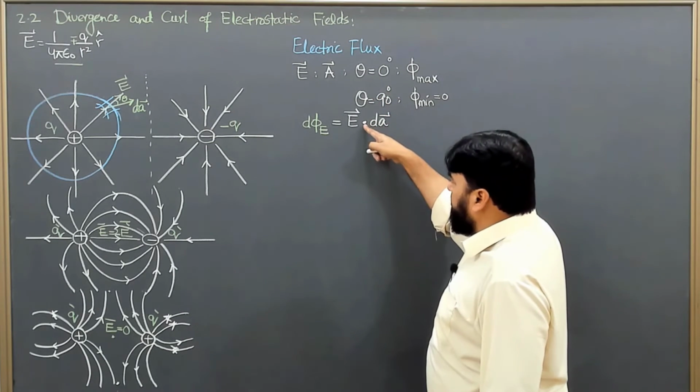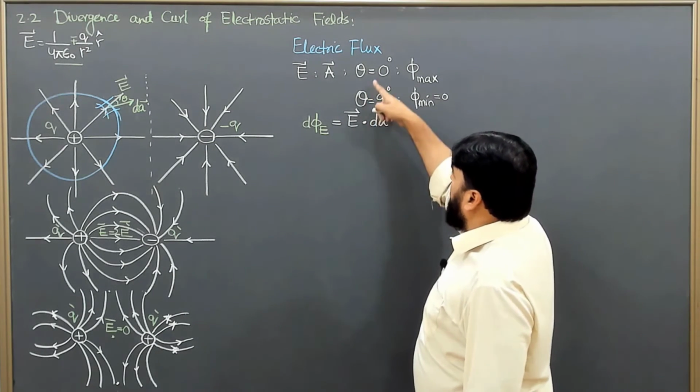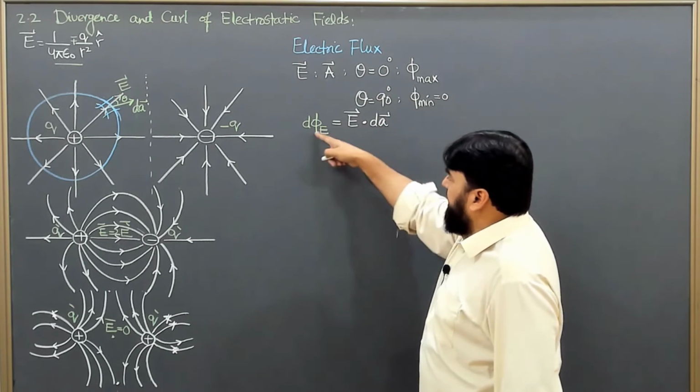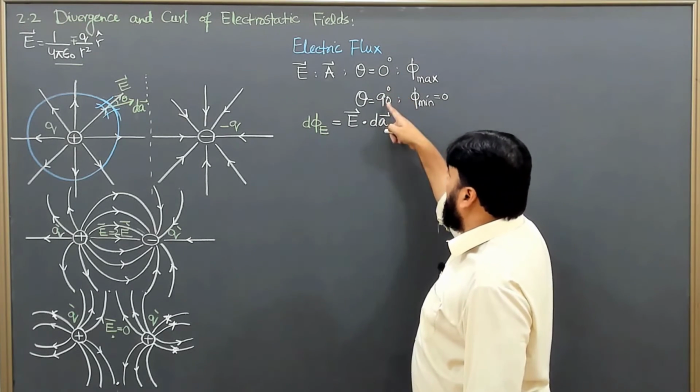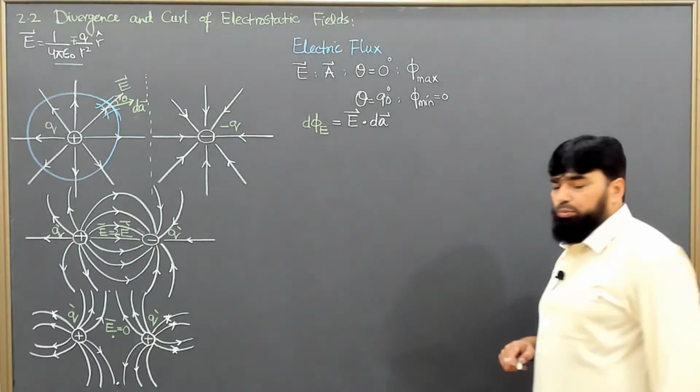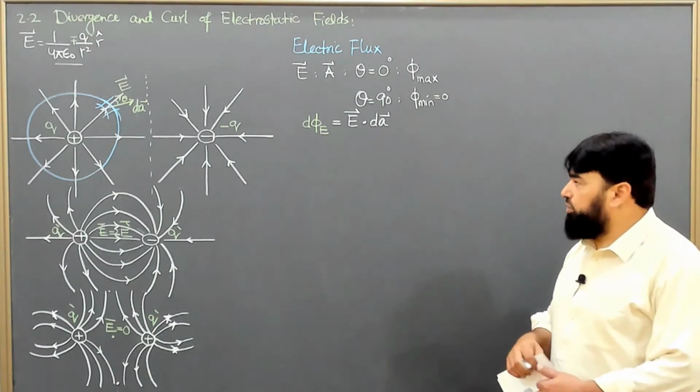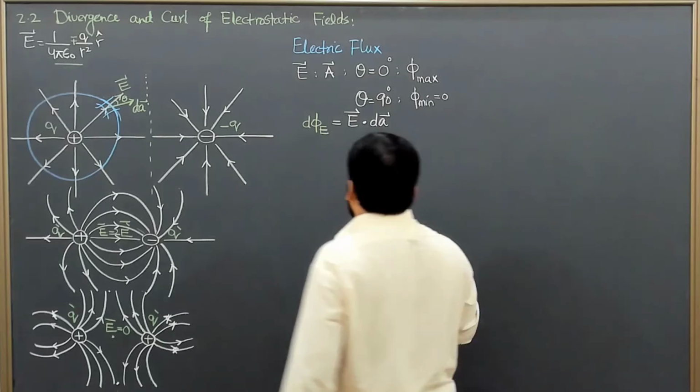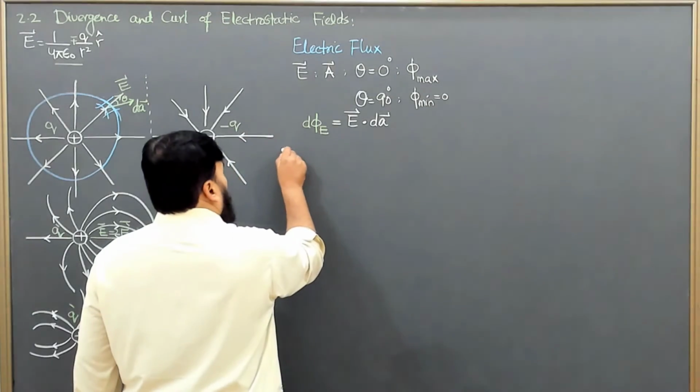For the dot product, when theta is 0 we get the maximum, and when theta is 90 we get the minimum, which is 0.